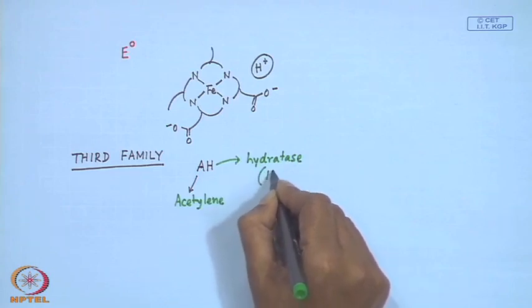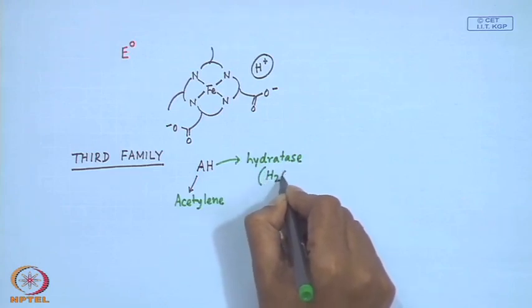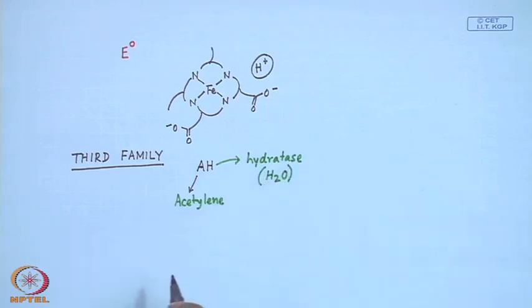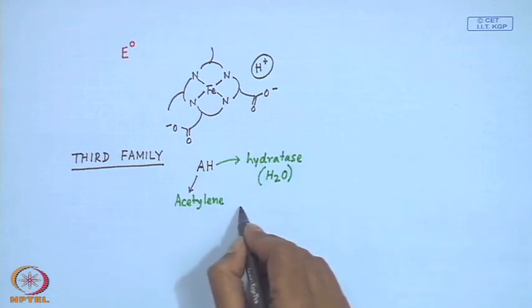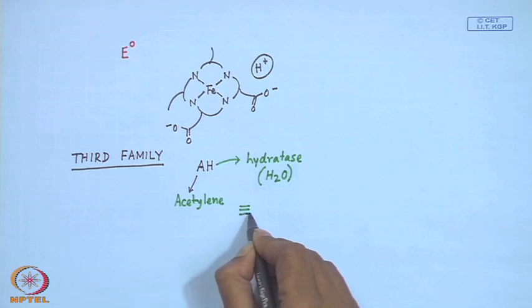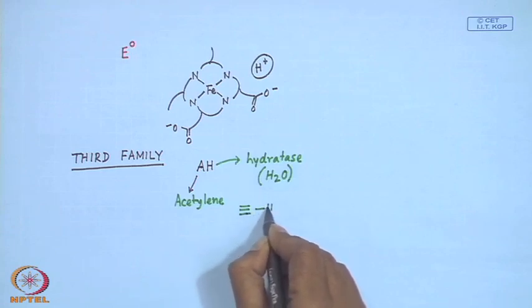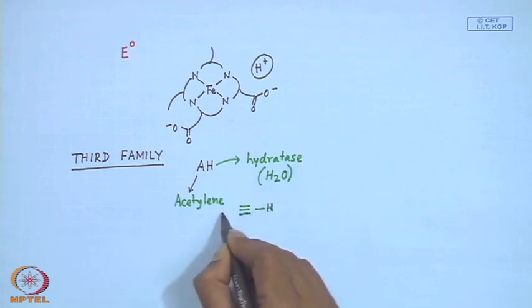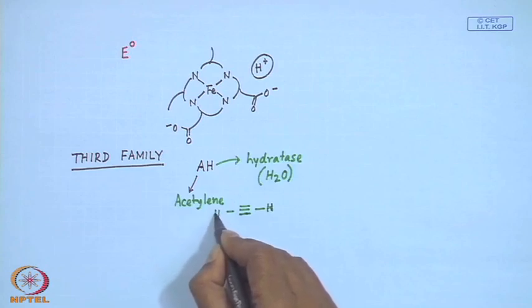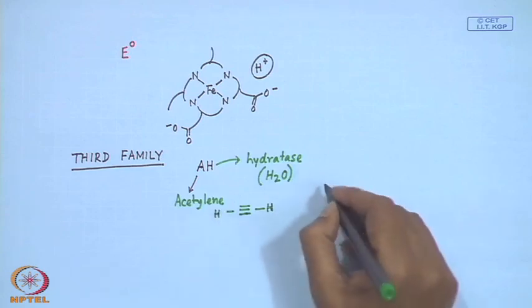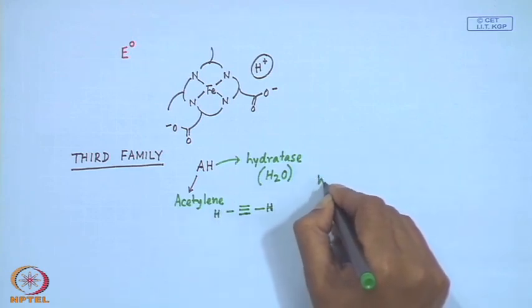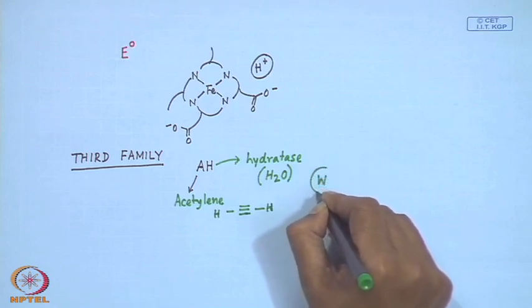That means it can put one water molecule to the carbon-carbon triple bond of acetylene, which is a very interesting reaction, how we can put the water molecule on acetylene, and which is catalyzed by our tungsten enzyme.